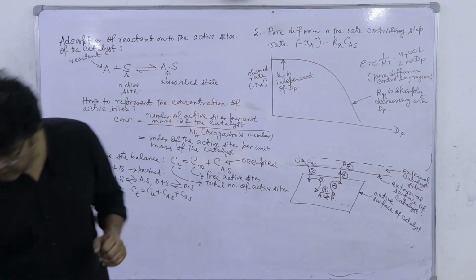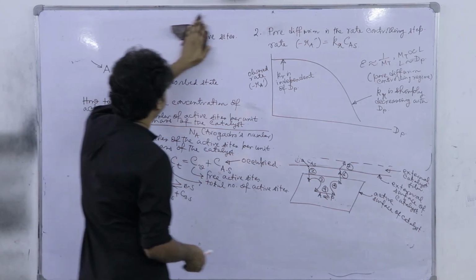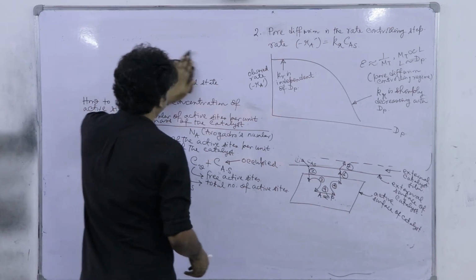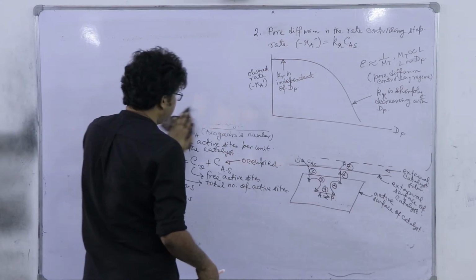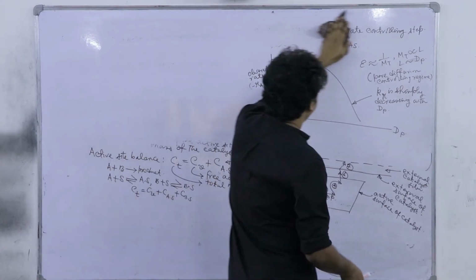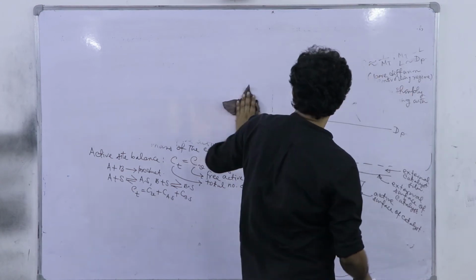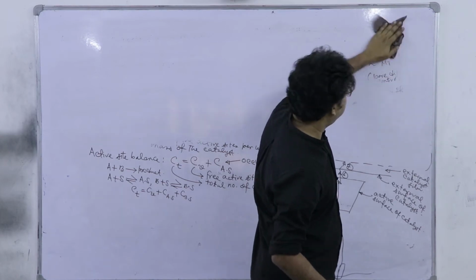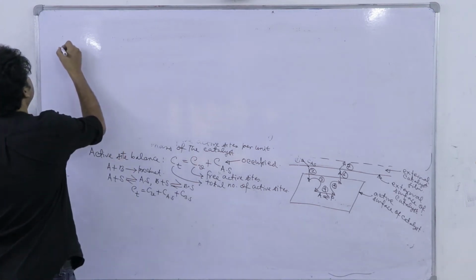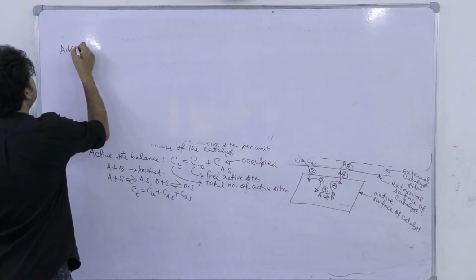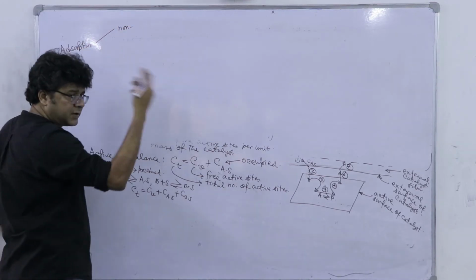So, you see that there are two different types of adsorption. If the molecule or adsorbate which is getting adsorbed onto the active sites of this catalyst remains undissociated, there are two types here from the perspective of dissociation.